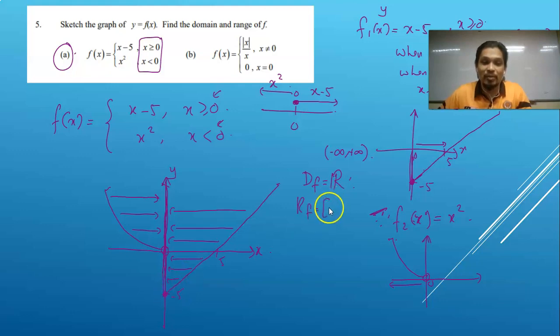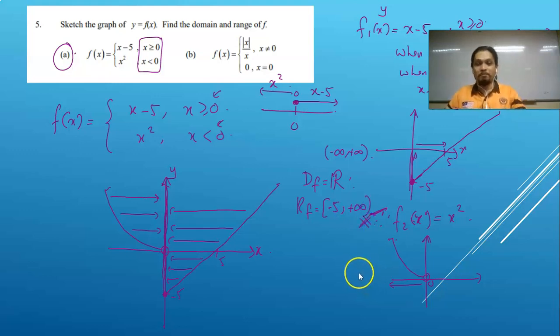So then it is from -5 to positive infinity. That's it. Get it? Okay.